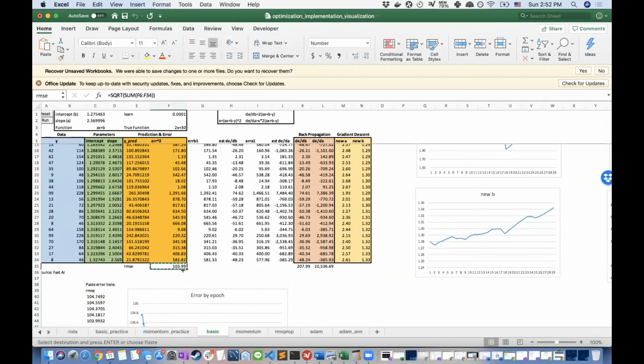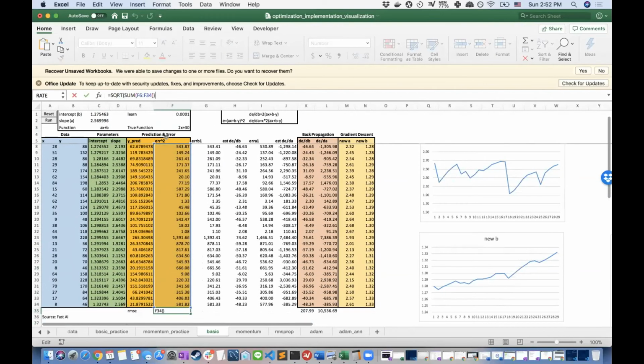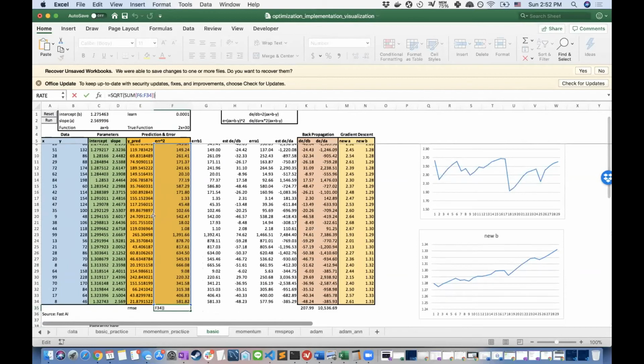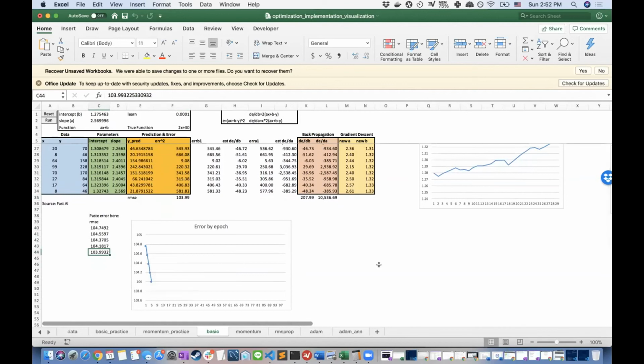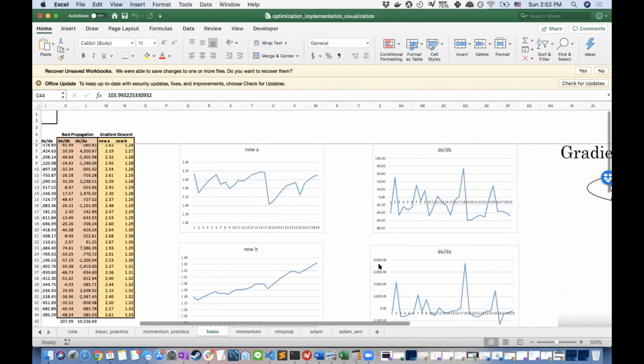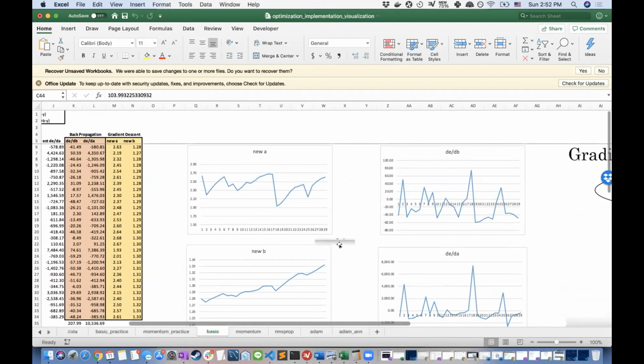So he took it from here, and this is just the square root of the sum of the squares of your errors, and that's your RMSE, right? With 5 epochs, your RMSE drops from 104.74 to 103.99, and he graphed it, right?